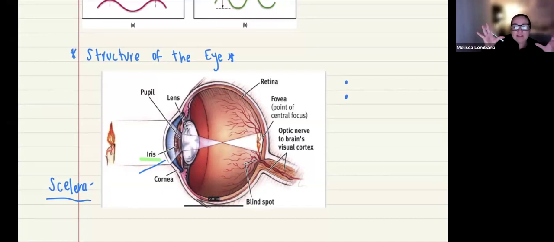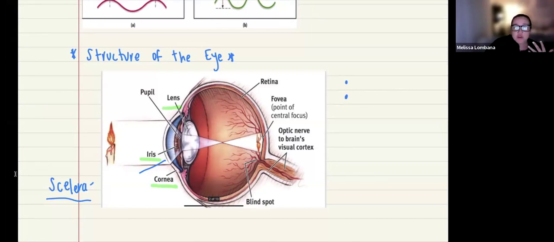The iris adjusts to the light to determine how much light goes into the pupil. Okay, now you also have what's called the cornea. The cornea and the lens have the job of helping us focus.